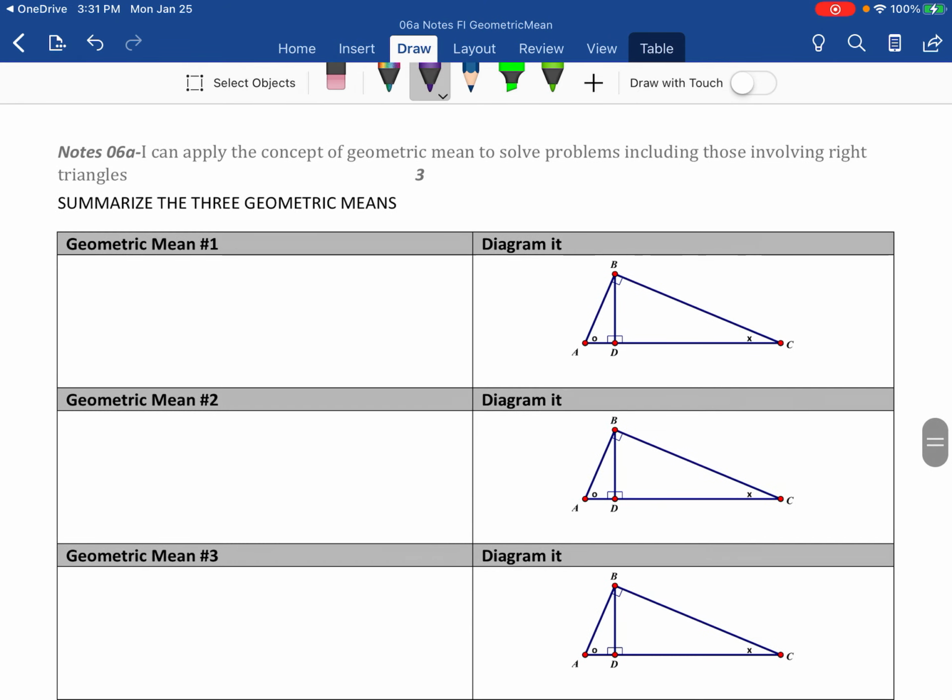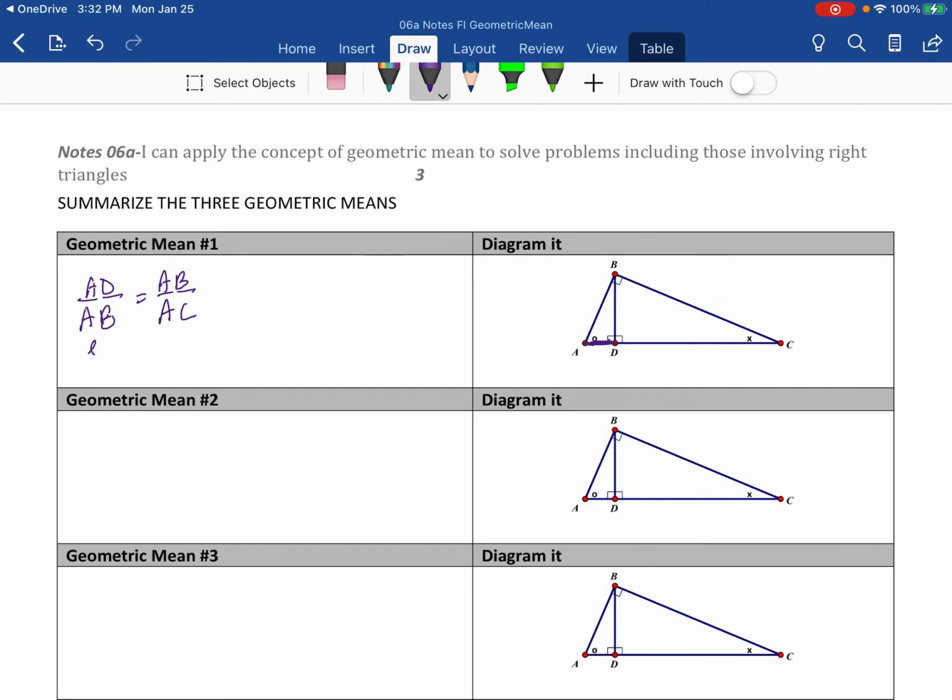So, to summarize geometric means. The first geometric mean, you can think about it as short leg over long leg: that's going to be AD over AB is equal to AB over AC.